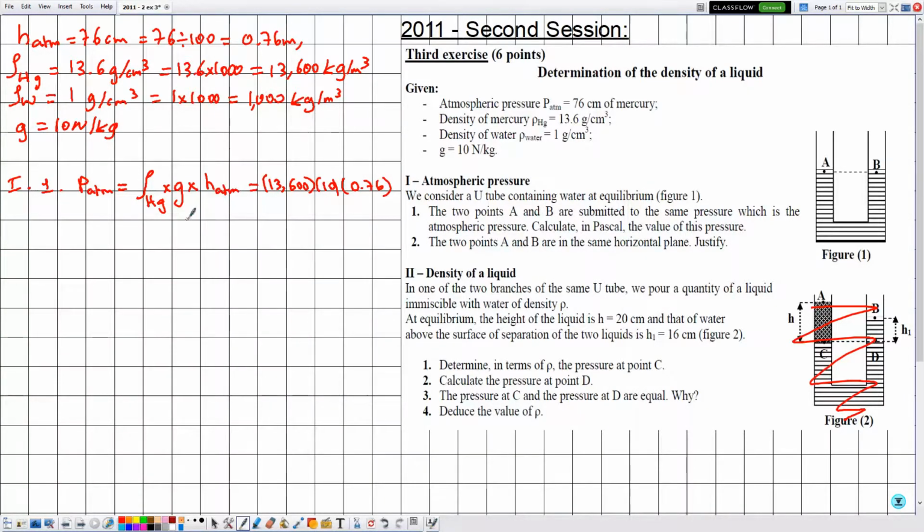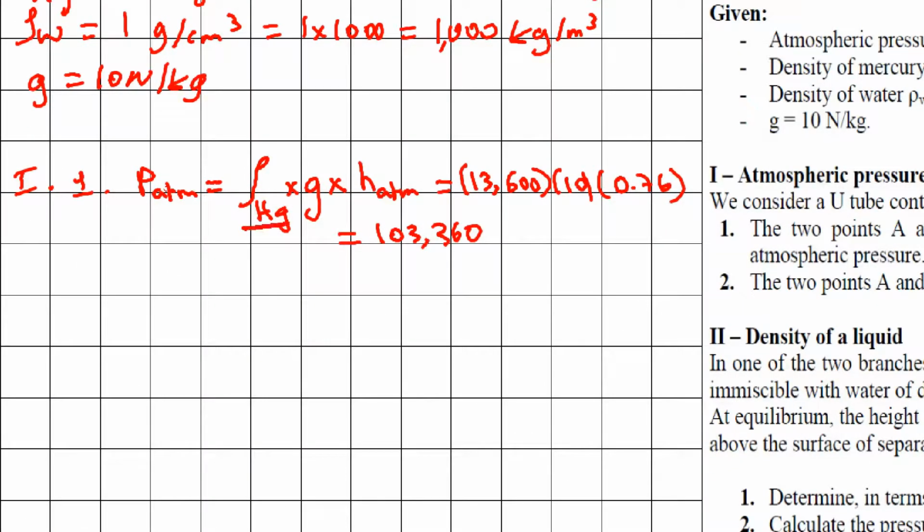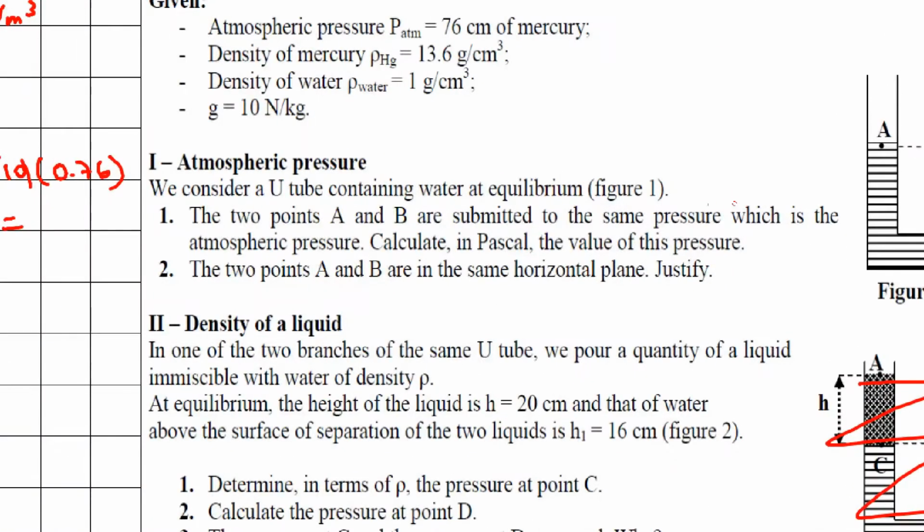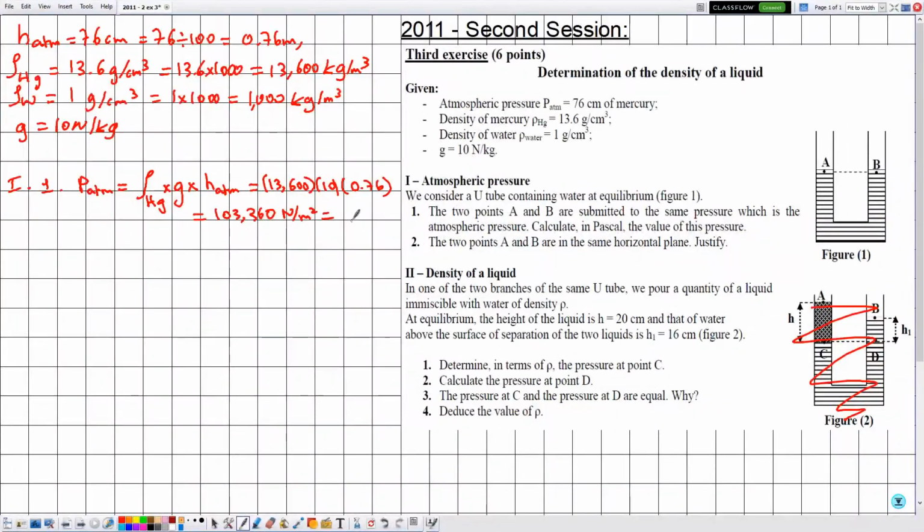Plugging this on the calculator, the value of the atmospheric pressure is 103,360. Since everything is expressed in the SI, the value of the pressure will be in Newton per meter square. Notice that they are asking to calculate in Pascal, so another unit for Newton per meter square is Pascal.